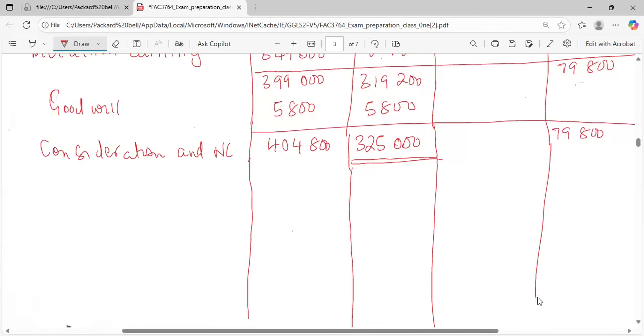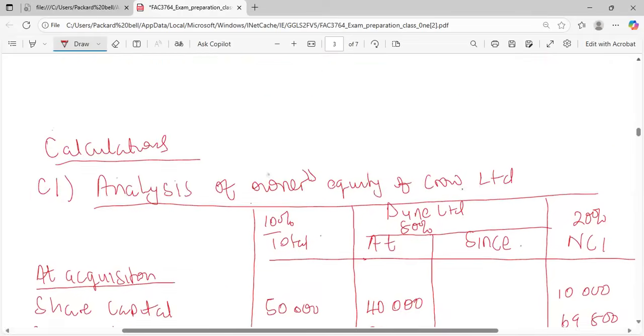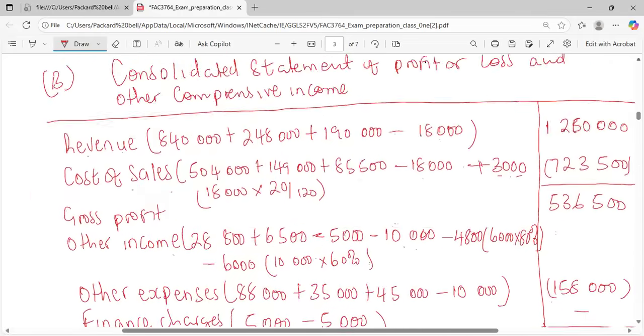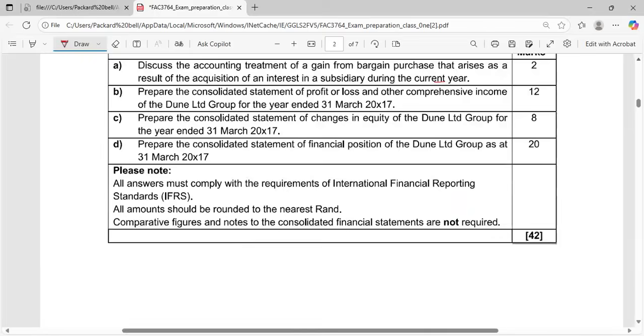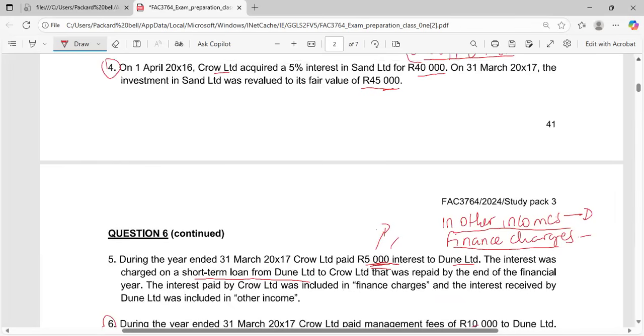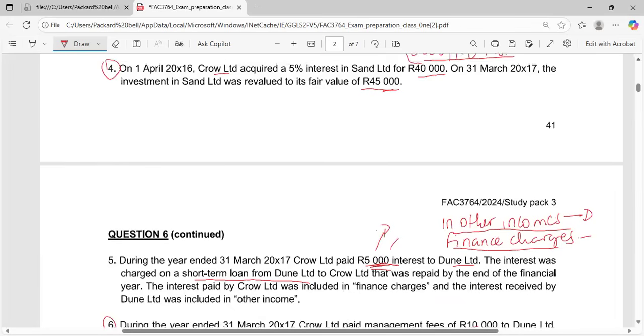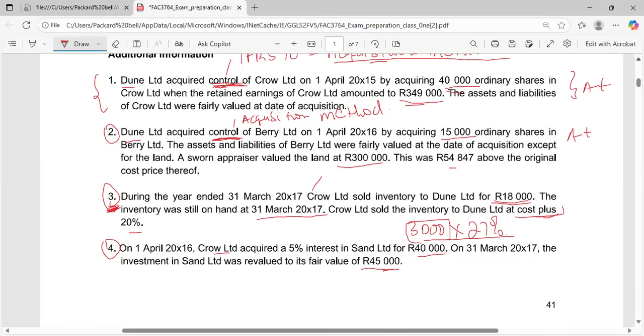But you got your question and look at here. This is what happened at acquisition. So you need to look at when June Limited Group acquired the Crow Limited Group.